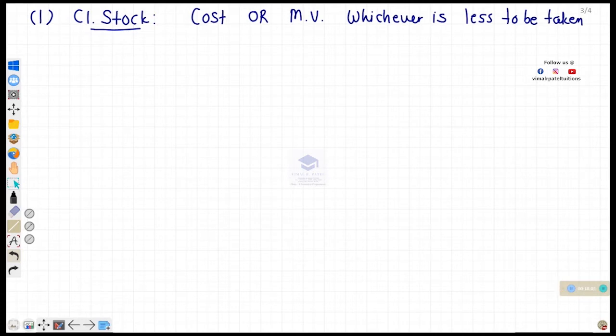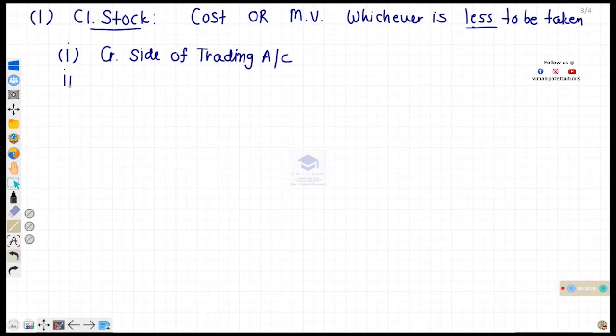Now closing stock will have two effects. One on the credit side of the trading account and the second on the asset side of the balance sheet.